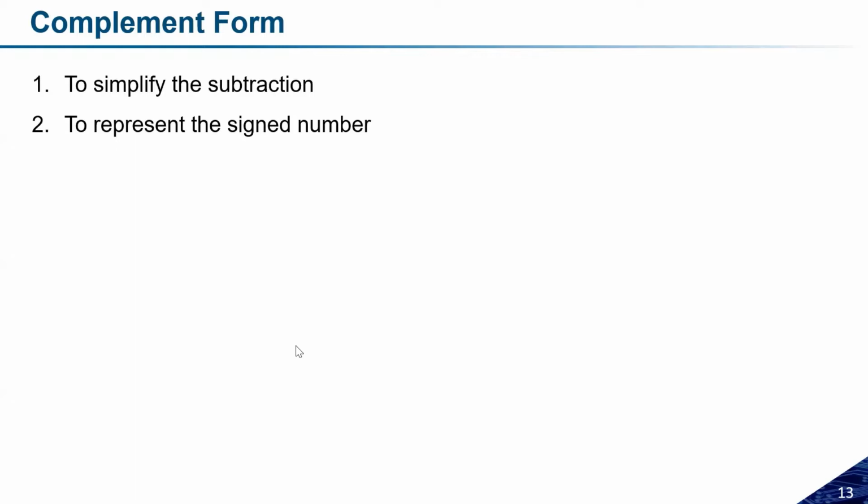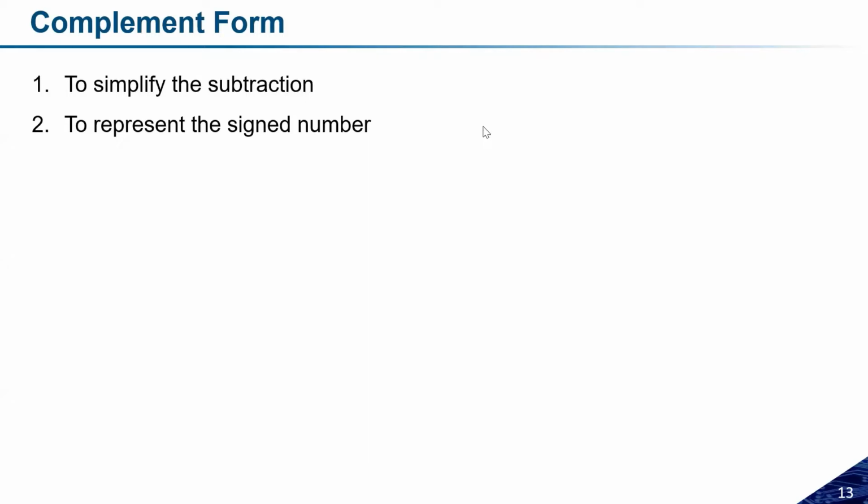So the complementary form is also equally important, as it can be utilized to represent the signed number system, whether the number is negative or positive. So these two are the important reasons to understand the complement of any number in the binary number system.